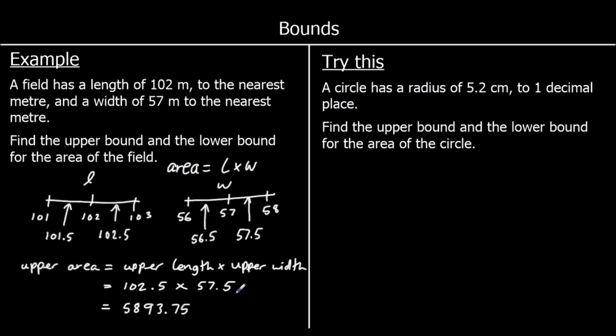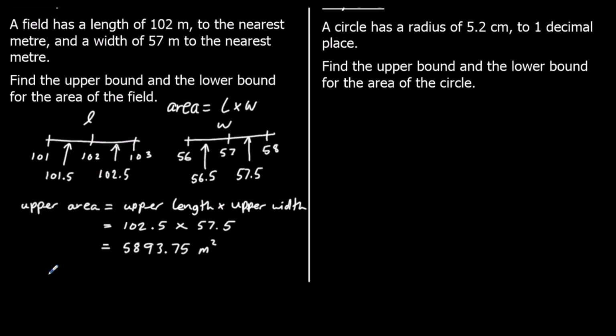5,893.75, and it's meters, it's an area, so it's meters squared. To get the lower bound for the area, we're going to get the lower length times the lower width. So it's going to be 101.5 times 56.5.